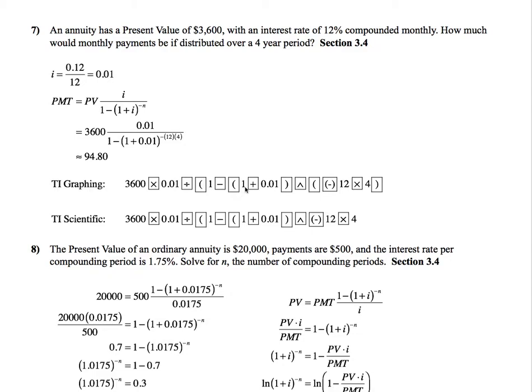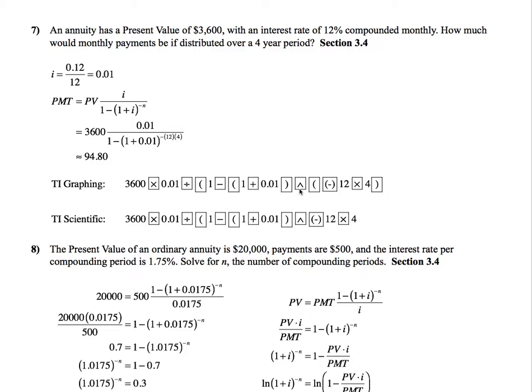And again, I could just type in 1.01, although I've typed 1 plus 0.01 here, and then I close my parentheses. This parenthesis right here corresponds to this keystroke, and then I need the exponent, so I press the little caret button that says exponent.